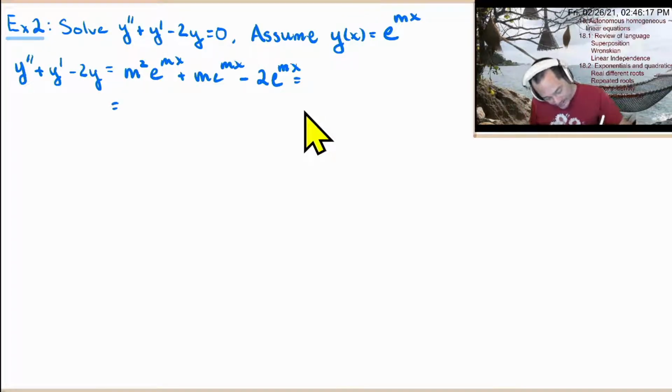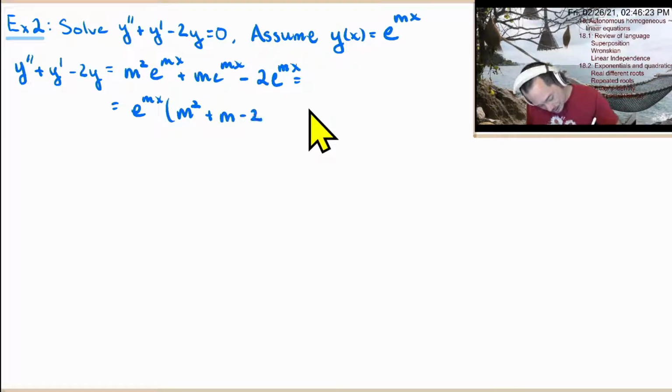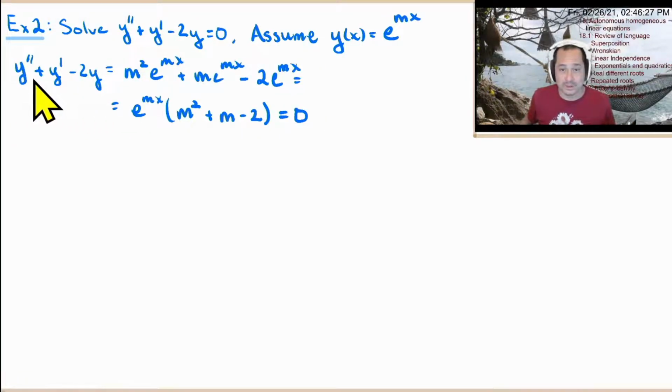Now I factor that e to the mx off, and I get m squared plus m minus 2, and this is all equal to 0, because that's what my diffie-q is equal to. The derivatives are on the left, 0 is on the right, so here are my derivatives in my new e to the mx language.